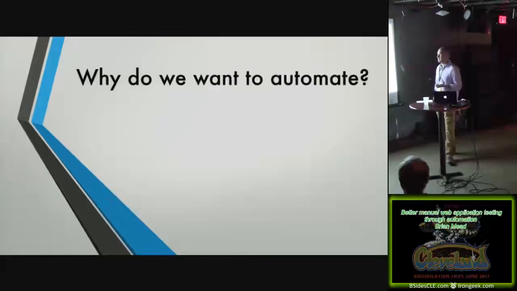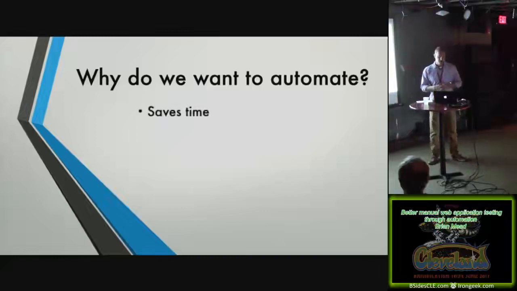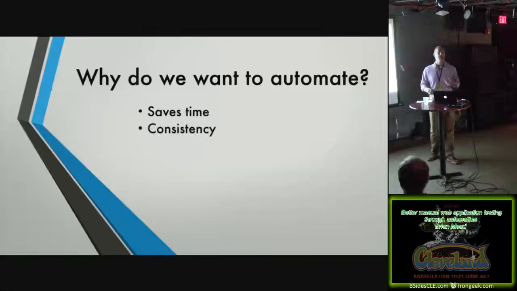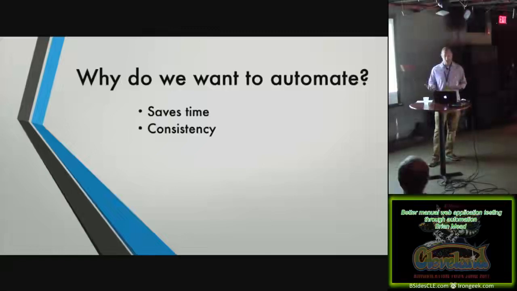So why do we want to automate things? Well, that's probably why you guys are here, and that's a great question. So it saves time, because no one ever said, I have too much time on my hands to do this test. Consistency. So the thing is, when you're doing tests back to back, a lot of times you run into a problem where you're like, okay, what did I do on that last test? What application was this? Again, accuracy.